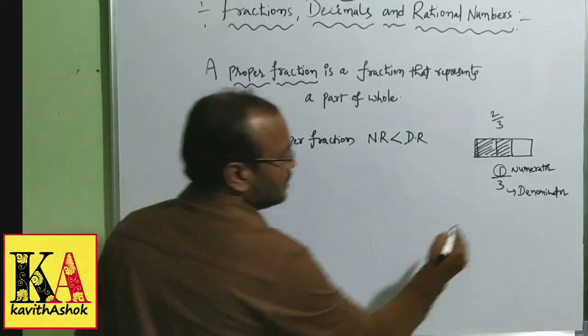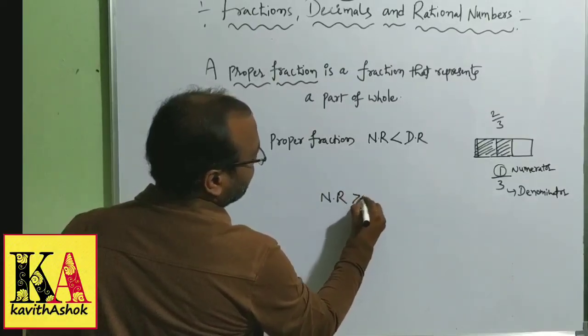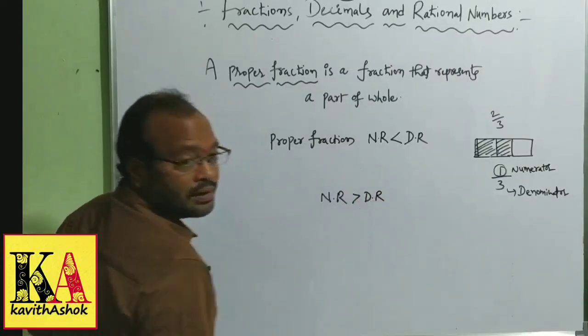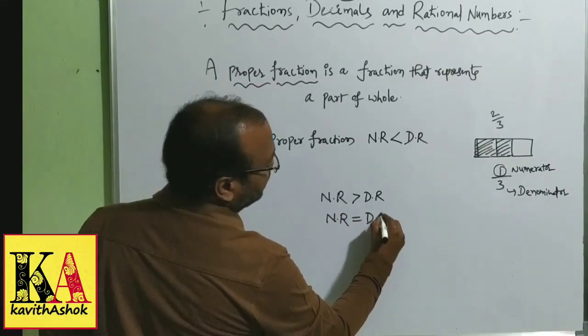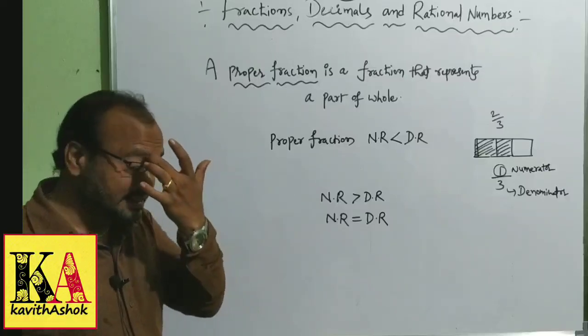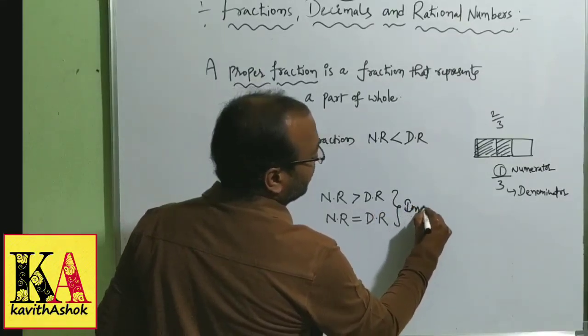Whenever the numerator value is greater than the denominator, or the numerator value is equal to the denominator value, in these two cases we call those fractions improper fractions.